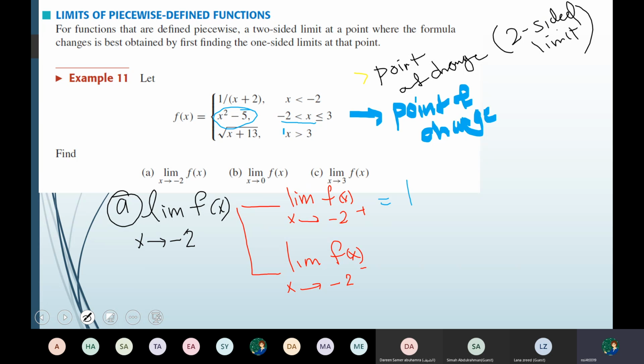So I will choose limit of x squared minus 5 when x approaches negative 2 from the right. Then let's evaluate. Negative 2 squared is 4, minus 5, is negative 1. So limit of f of x when x approaches negative 2 from the right is negative 1. Now what about the limit when x approaches negative 2, but now from the left, when it's less than negative 2?